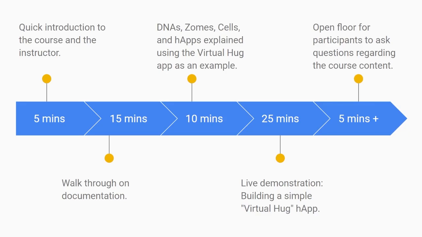And then for 10 minutes or so, probably longer, honestly, we're going to go into DNA, Zomes, and cells, and hApps, explained using the virtual hug app as an example. I think the best way to understand it is through analogies, because it is pretty hard to conceptualize in your head.